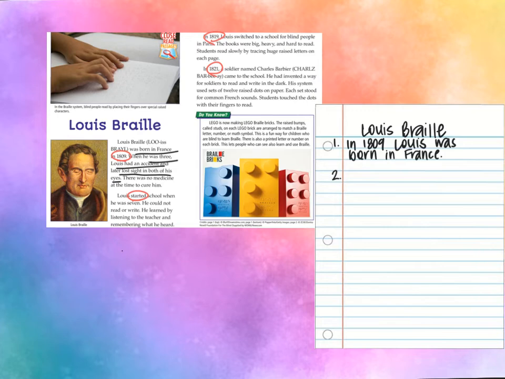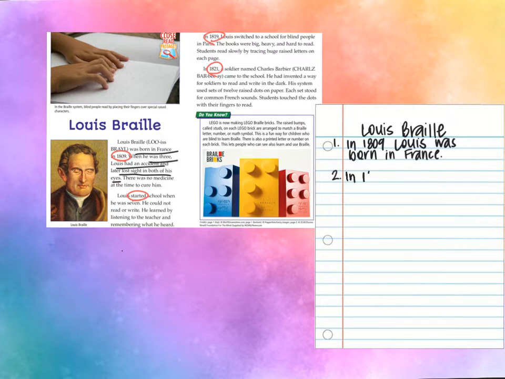Now, what year did that happen? Do I know what year that was? I could probably figure it out because I know he was born in 1809, and when he was 3, he lost his sight. So can I count 3 years and add that to my graphic organizer? Right, so 1810, 1811, 1812 would be 3 years later.